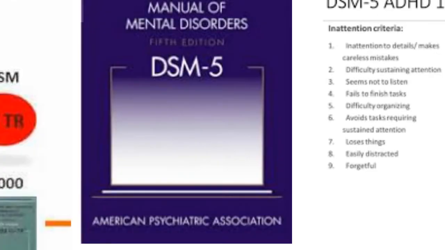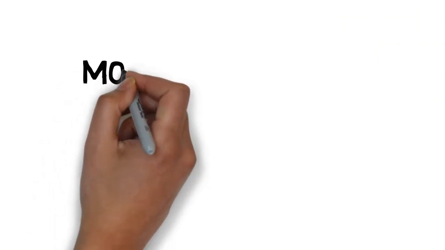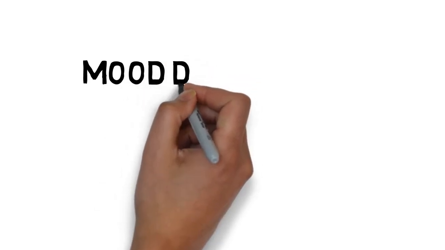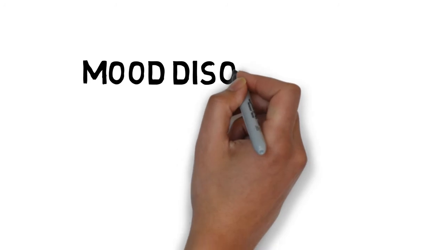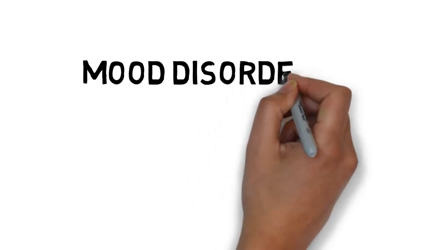So let's narrow in a little bit now and talk about mood disorders, because mood disorders are one of those most common features, and we're going to look at primarily depression. But I want you to keep in mind that depression and anxiety are kissing cousins.